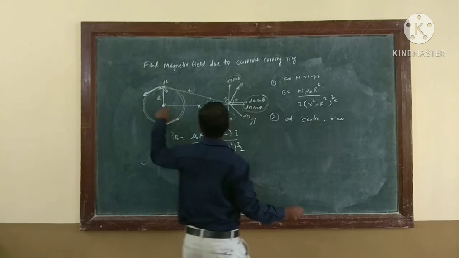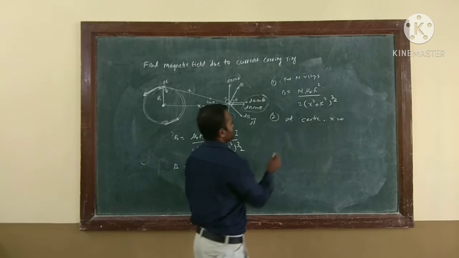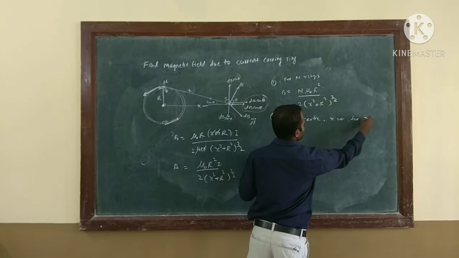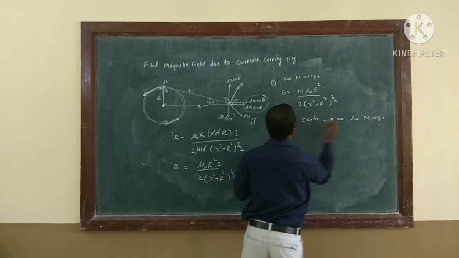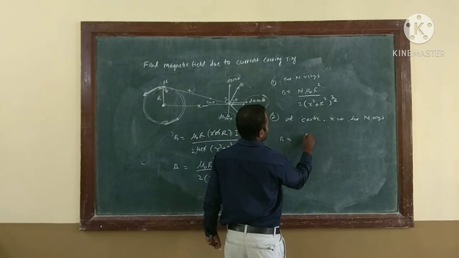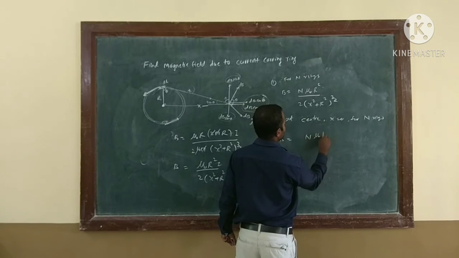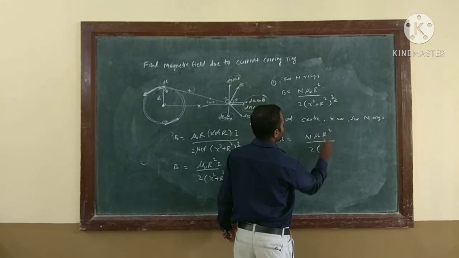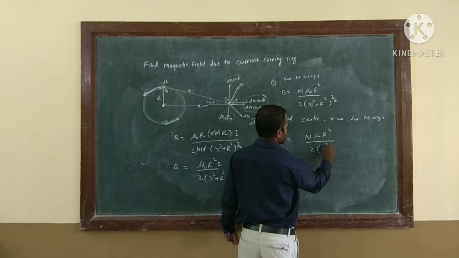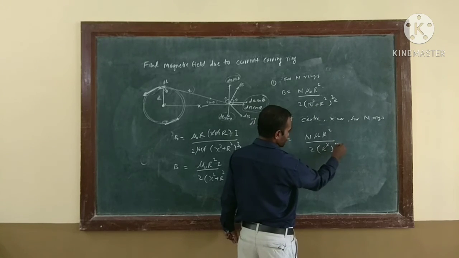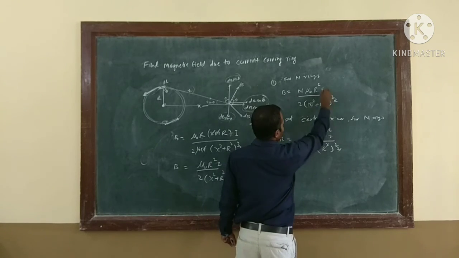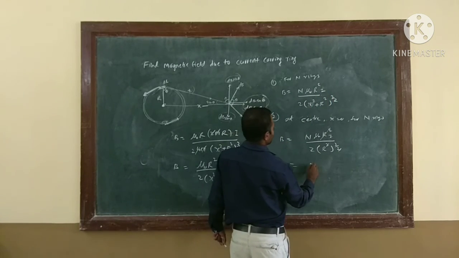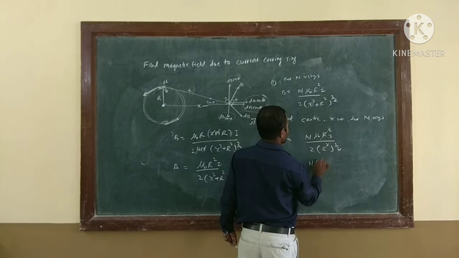Another case, at the center, means at x equal to 0. What will be the magnetic field for a single ring or for n rings? n mu 0 I R square upon 2, with x as 0, R square raised to 3 by 2, so R square and here R cube, so n times mu 0 I upon 2R.